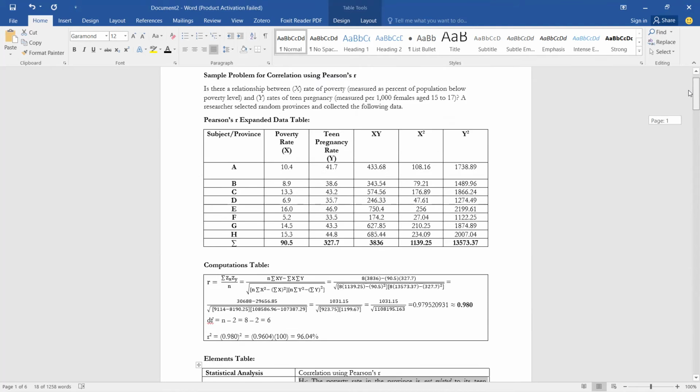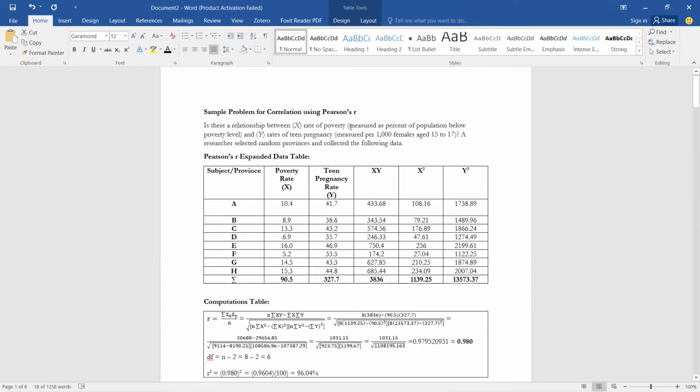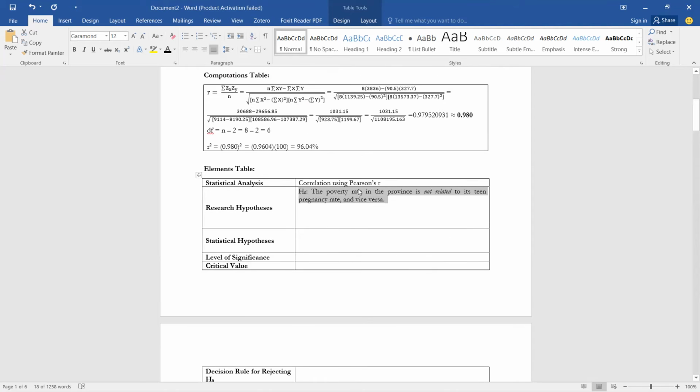If you want to be more specific, poverty rate is percentage, while the pregnancy rate you can actually convert into actual numbers of individuals, numbers of females aged 15 to 17. So yeah, but this is still acceptable, no? So as you can see, no relationship, so not related. Alternative hypothesis will argue otherwise, that there is.